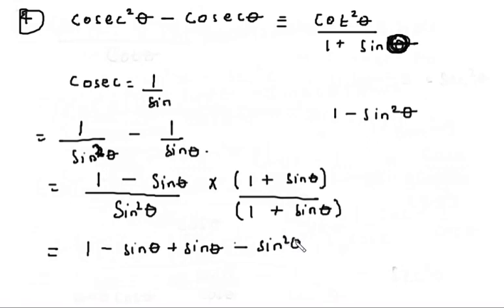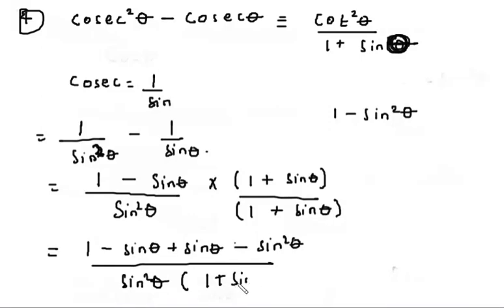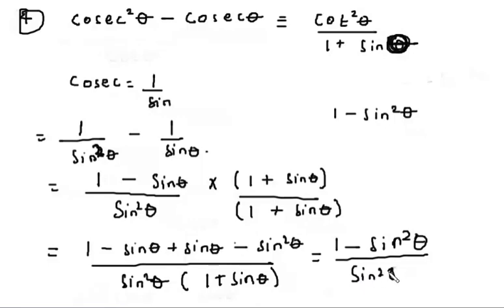This is divided by sine square theta, open brackets 1 plus sine theta. So this is now equal to 1 minus sine square theta, divided by sine square theta over 1 plus sine theta.